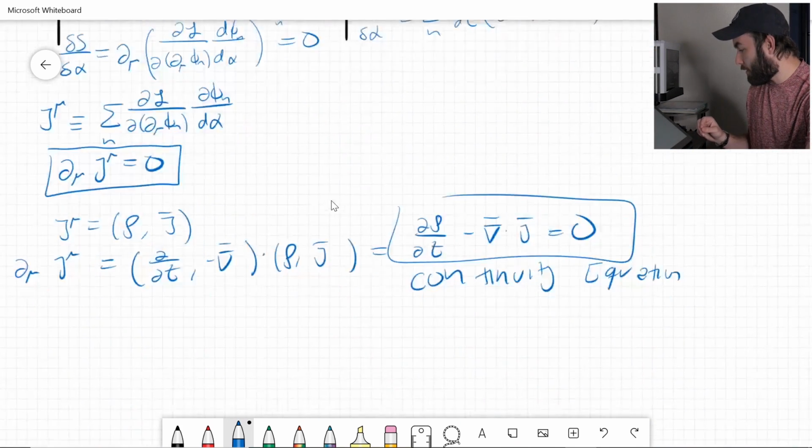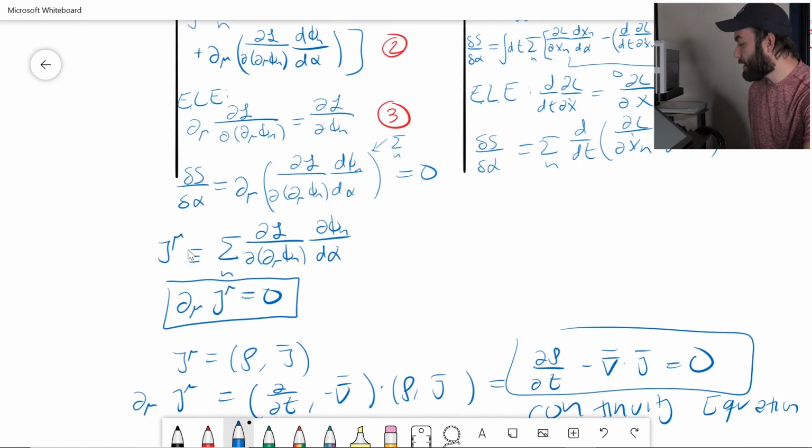And if that is the case, then this is the definition of the conserved current. You can then find out specifically what the conserved current is by taking your derivatives of the Lagrangian with respect to your fields and the fields with respect to your symmetry parameter.